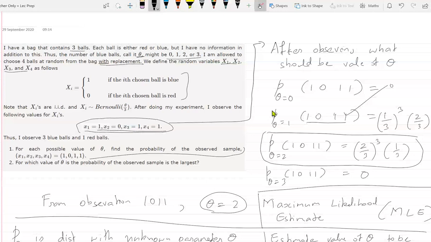You have made a particular observation of the samples. From the samples, what can we say about theta, which is an unknown parameter? The number of observations has nothing to do with the parameter theta. Obviously, if you make a lot of observations, you can estimate theta better, and your estimate for the value of theta would be more correct.